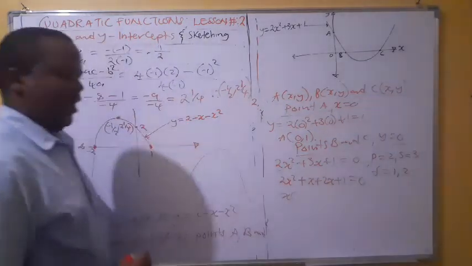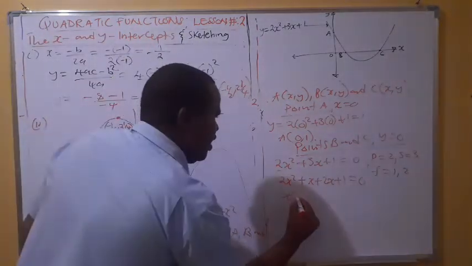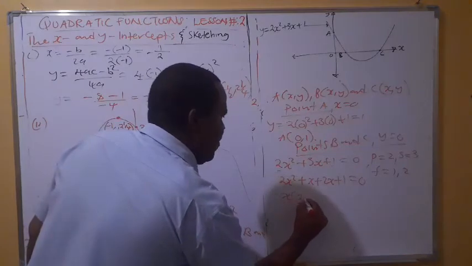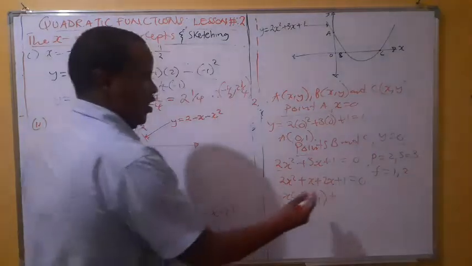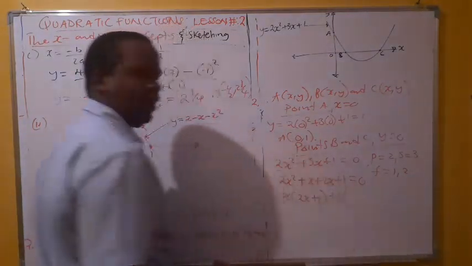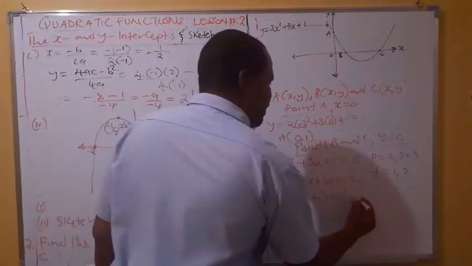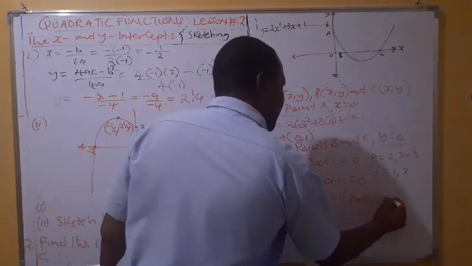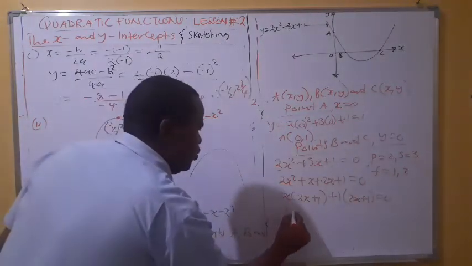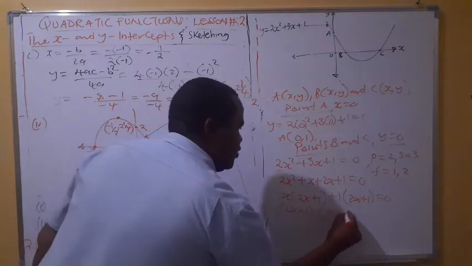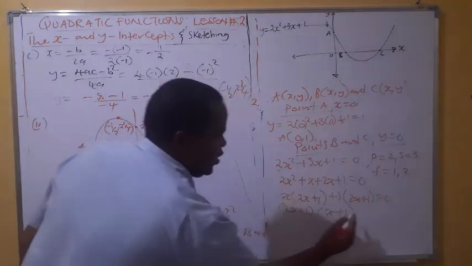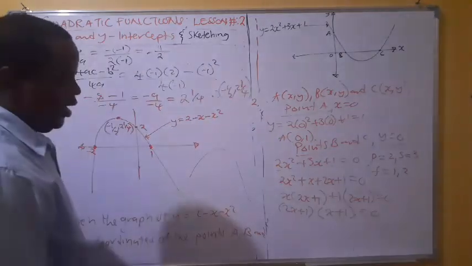What is common here? x. You factor out x, so you say x times 2x plus 1, plus here there's 2x plus 1. So what is common is a 1. You factor out a 1. So you have 2x plus 1 is equal to 0. What is common? 2x plus 1. Then x plus 1. So you are going to equate these to 0 by the zero product.